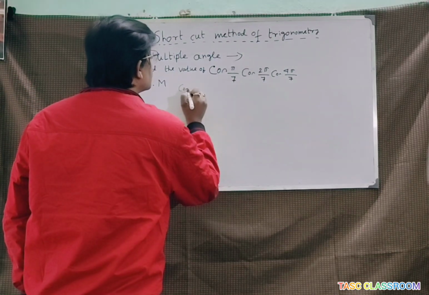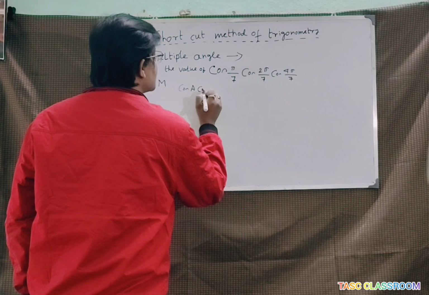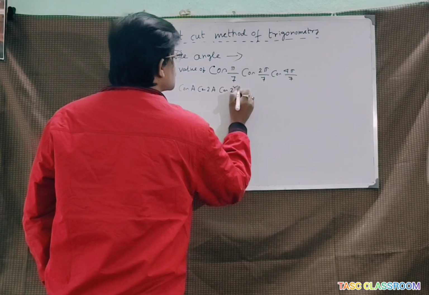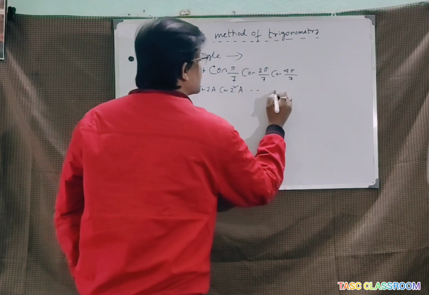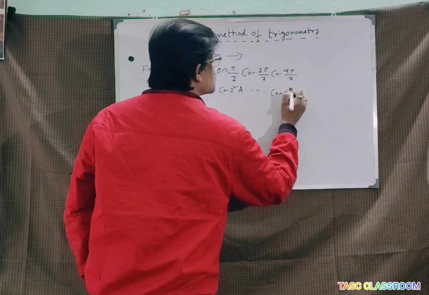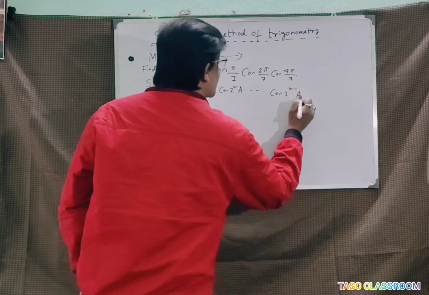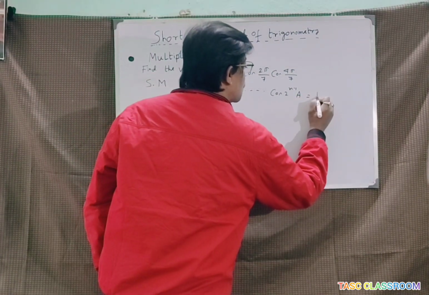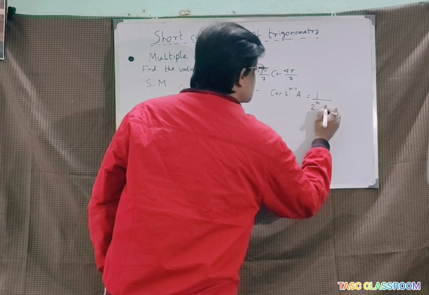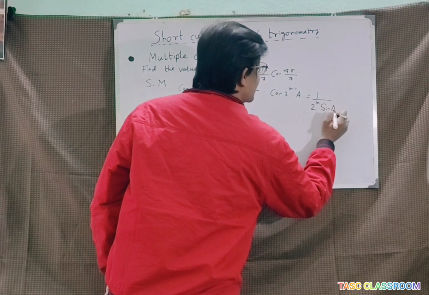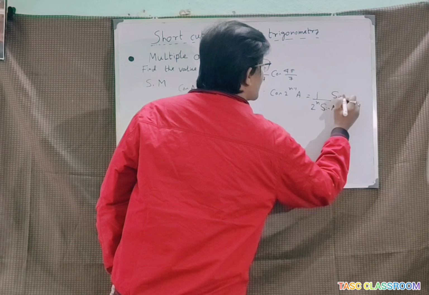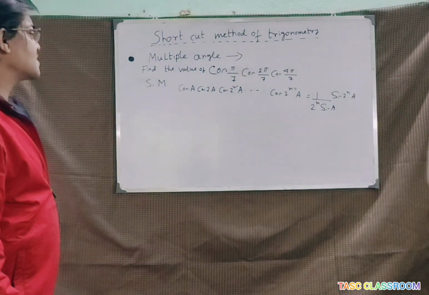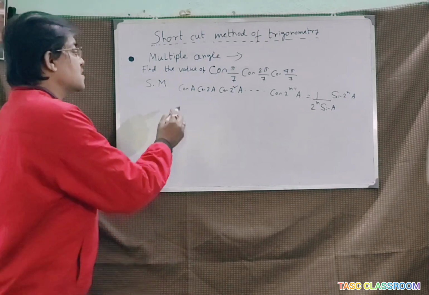The value of cos A, cos 2A, cos 2 square A, up to cos 2 to the power n minus 1 A is equal to 1 by 2 to the power n sin A into sin 2 to the power n A. I repeat this shortcut again.